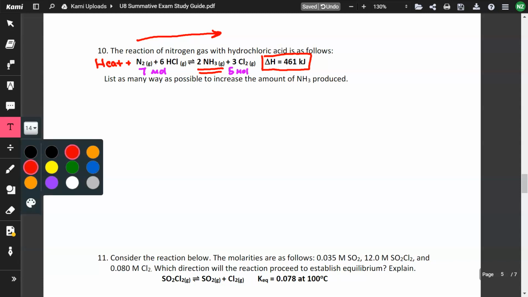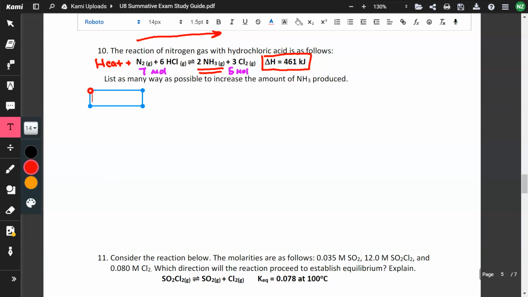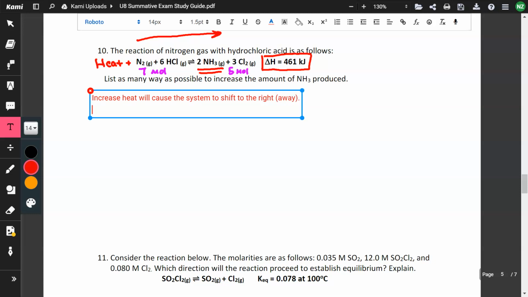So let's see. To get it to shift right, for heat, we would want to add heat. So increasing heat will cause the system to shift to the right, away. If we increase pressure, we'll shift to the right because there are fewer moles on that side, 5 versus 7.